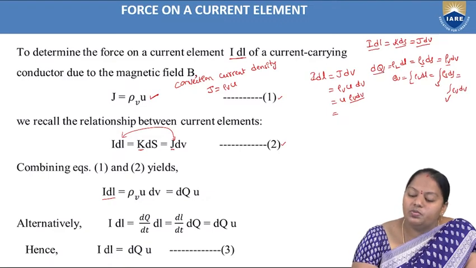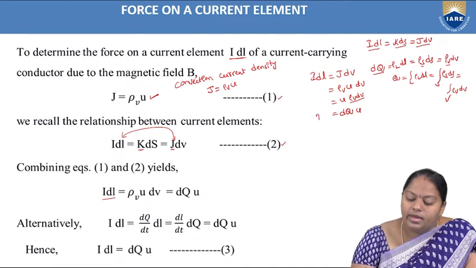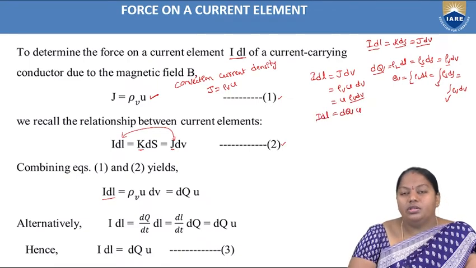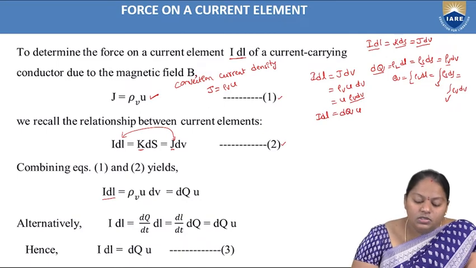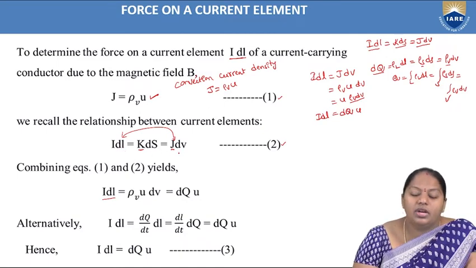So in differential form, dq equals rho L into dl, nothing but rho S into ds, nothing but rho V into dV. Now if we substitute rho V into dV by dq, we get the relation for IDL. Consider the first relation, IDL equal to J dV.